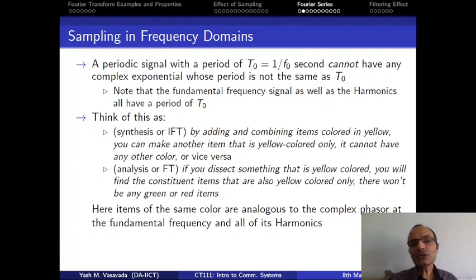If you try to make up that periodic signal by using some other periodic signal whose period is, let us say, 7 seconds, or 11 seconds, or 13 seconds, or even 10.5 seconds, you will not succeed, because there is no way that you can get a period of 10 seconds using a periodic signal whose period is 10.5 seconds.